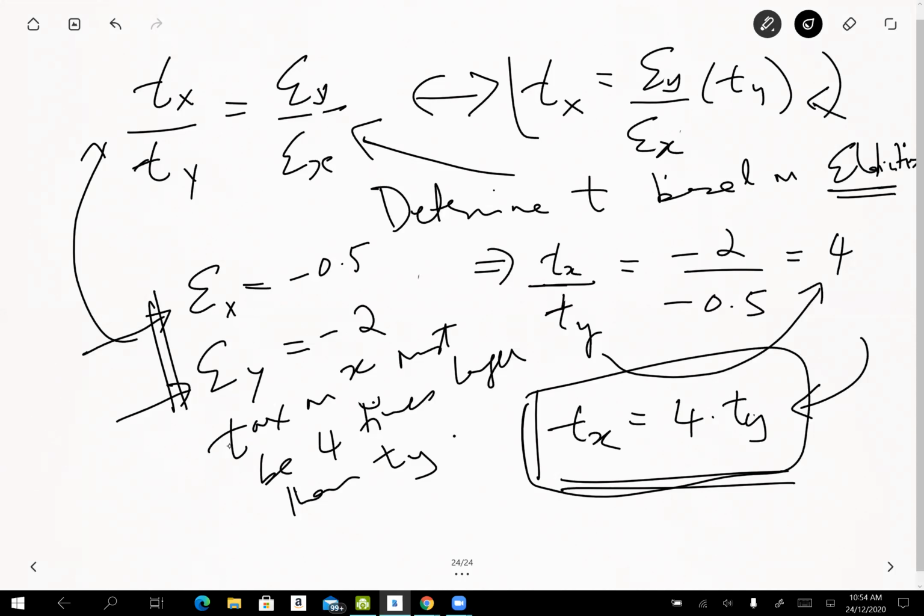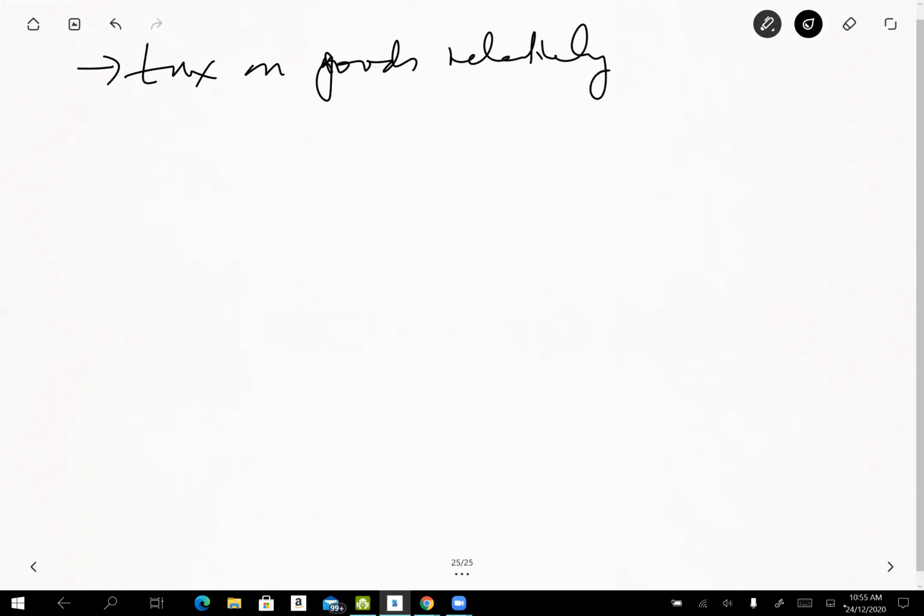And to get a better picture, you will modify the rule. So what we learn here is that the tax on goods that are relatively inelastic should be higher.